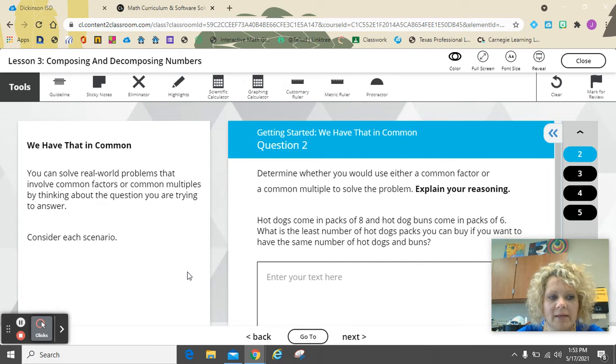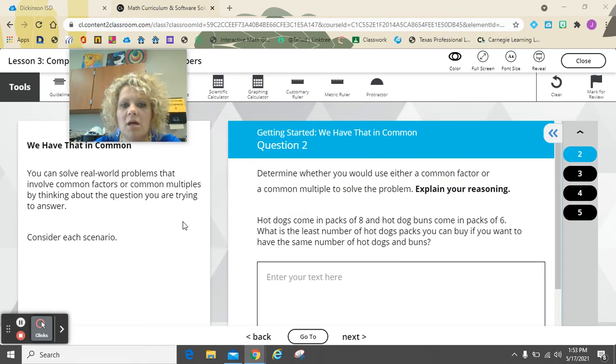So again, we can solve real world problems that involve common factors or common multiples by thinking about the question that we're trying to answer. So for this first question, determine whether you would use either common factor or common multiple. Okay, so we did common factors, the greatest common factor, when we did the factor trees, and then we put them into the table.